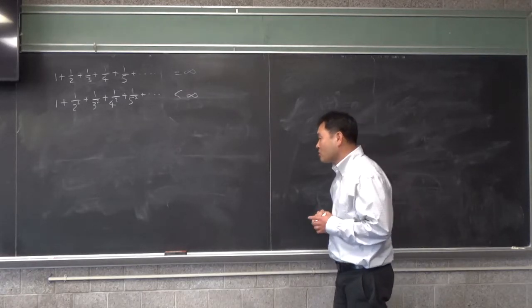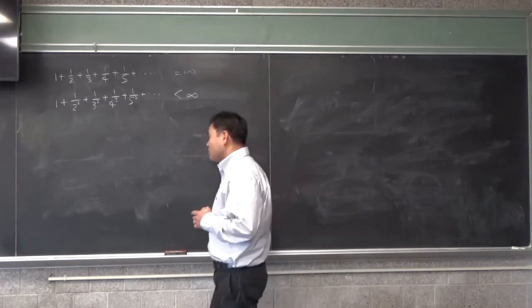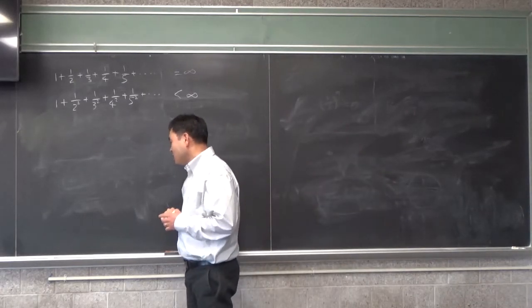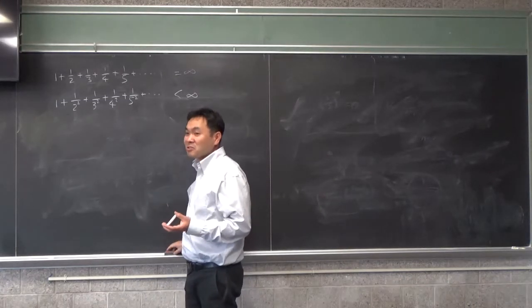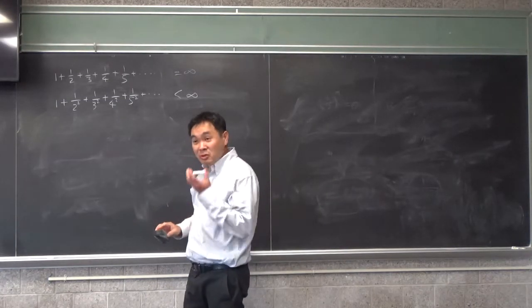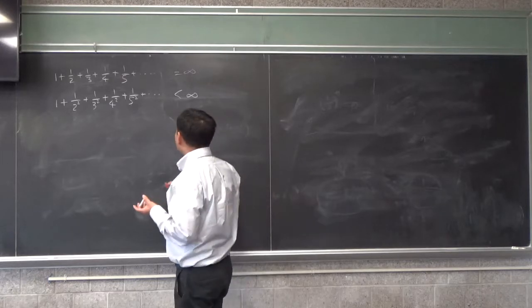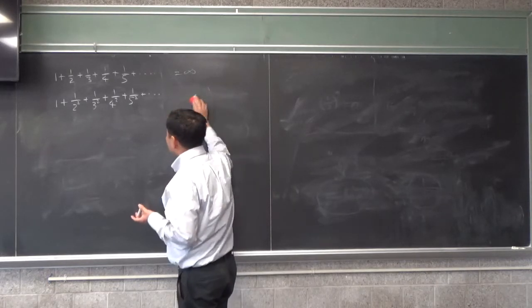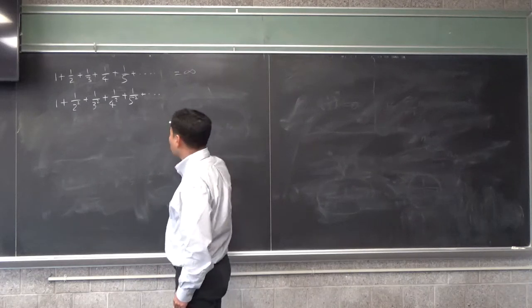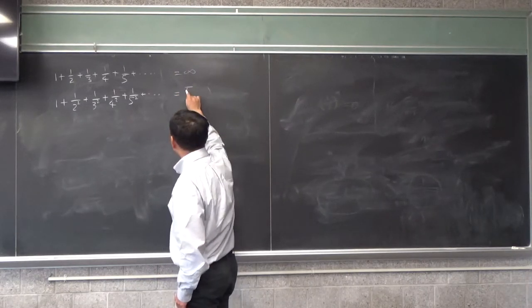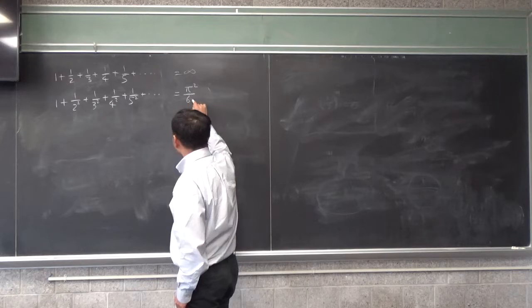Now, of course, you would say, well, if we know the actual value, why bother approximating it, right? Because for some series we did know, right? So here's a surprise. For some series, we do know the answer in closed form. So we do know that this is pi squared over 6.